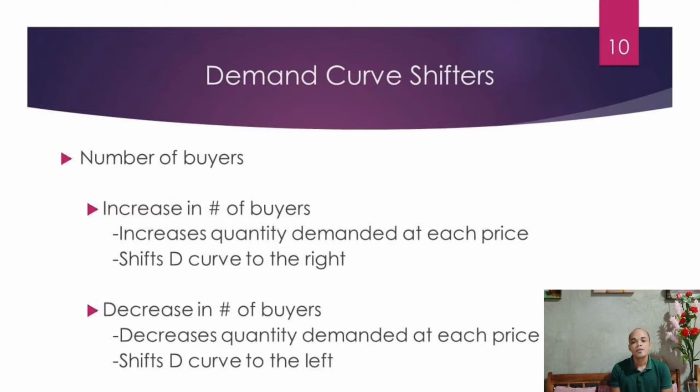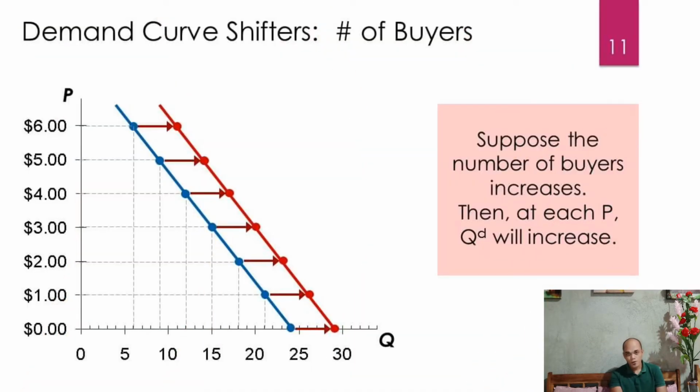For a decreasing number of buyers, first, it decreases the quantity demanded at each price, and second, it shifts the curve to the left. Suppose the number of buyers increases, then at each price, the quantity demanded will increase by 3%.